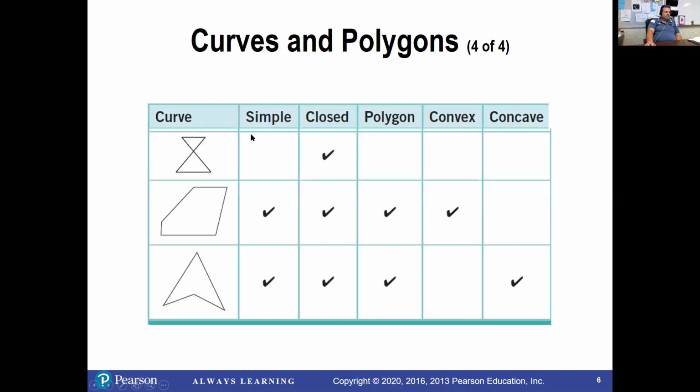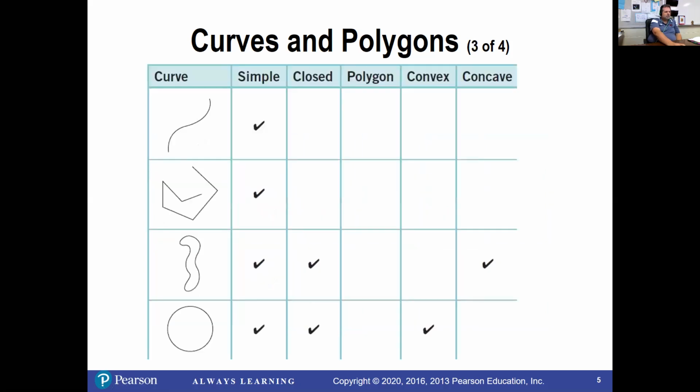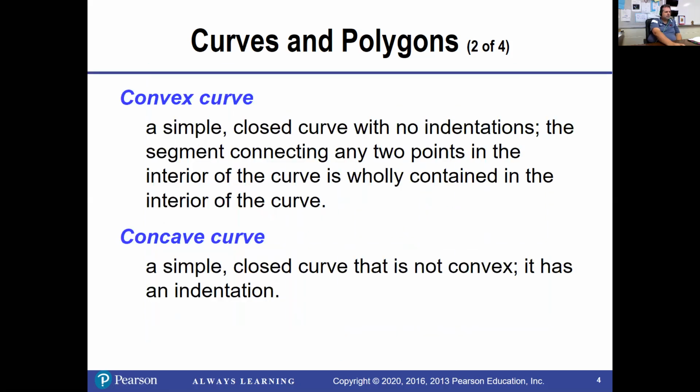So it's closed, starts in the same spot, but it is not a polygon. Going back to convex, it is a simple closed curve.